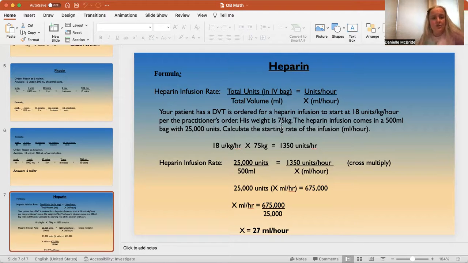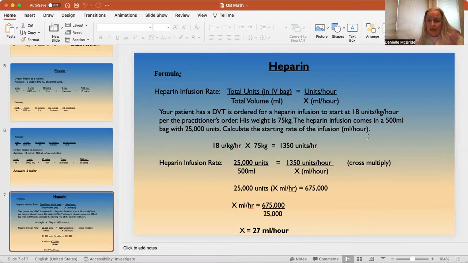Just because I don't want to make it too easy, I'm going to find out how many pounds he is. He weighs 165 pounds, and I'll show you how to figure that out.